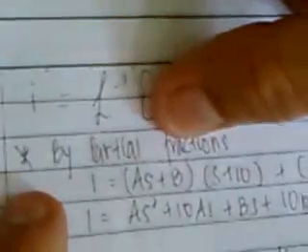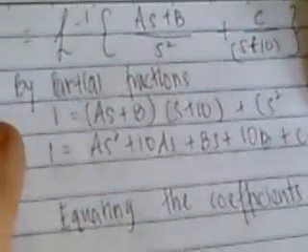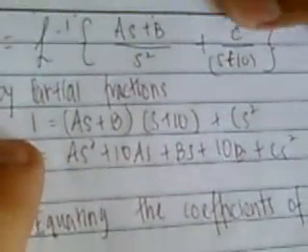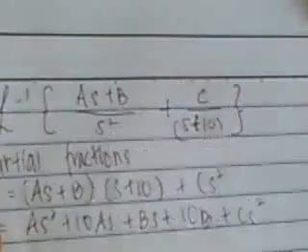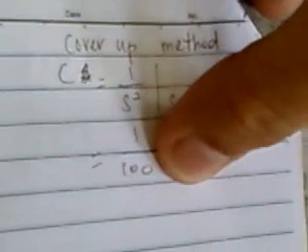Okay. Using partial fraction, we get this. Here we can get the answer of C by using the cover up method. C equals 1 over s squared, where s is equal to minus 10. Then the answer will be 1 over 100.